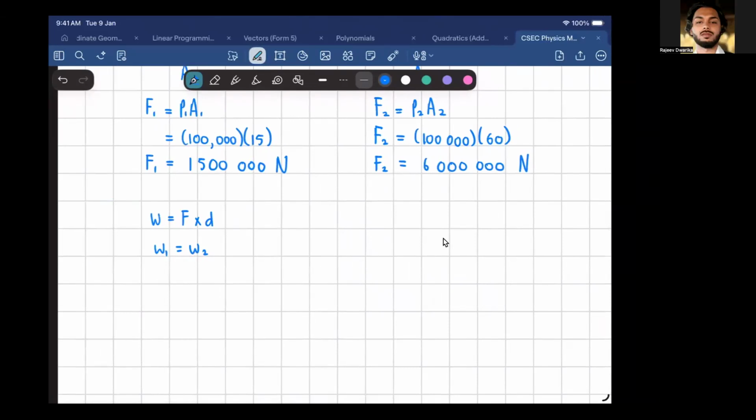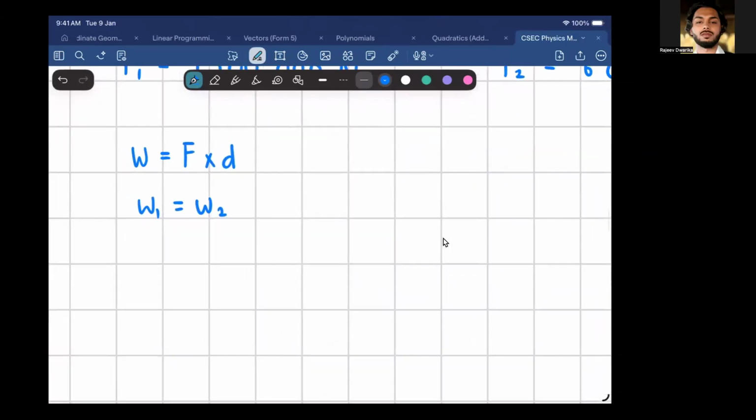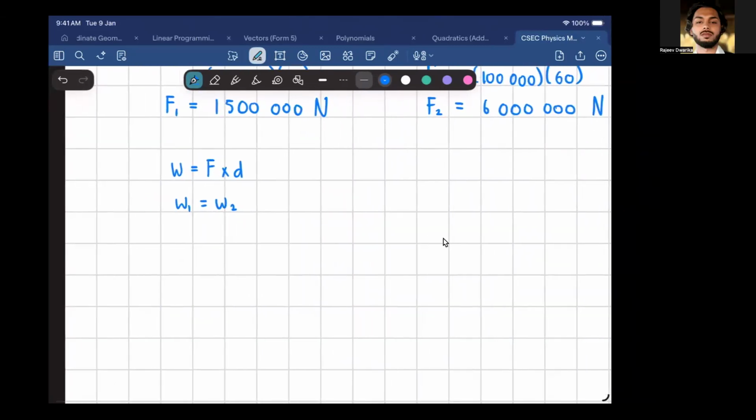So Shana, do you understand that the amount of energy I input into the system needs to be conserved? Yes, sir. Okay, so W1 needs to be equal to W2. If W is equal to F by D, W1 would just be F1 by D1. And what would W2 be?